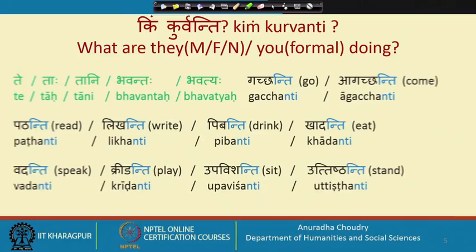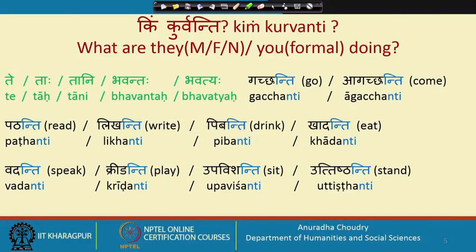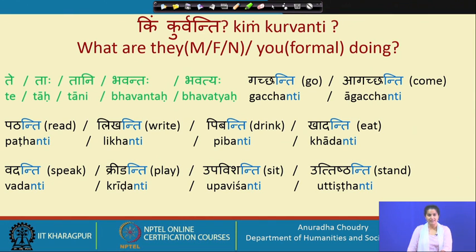So let's look at that on the screen. You remember the plural for saha was te. So be it masculine, feminine, neuter in the third person plural, like saha, taha, tani, or the second person formal like bhavan or bhavati, in the plural they become bhavantaha or bhavatyaha.